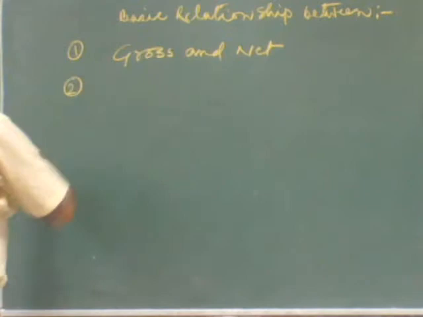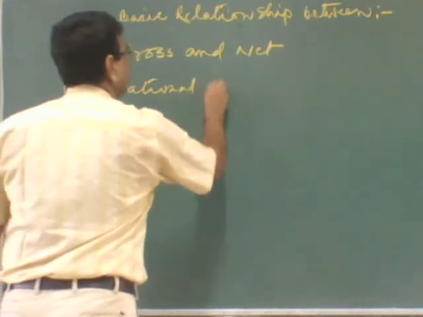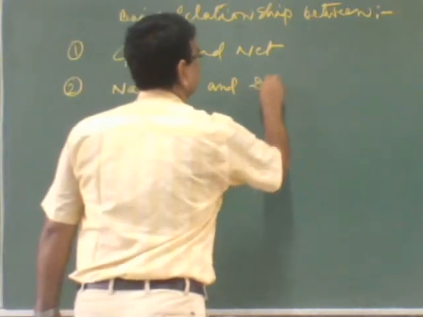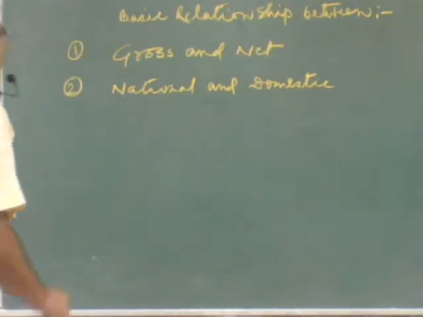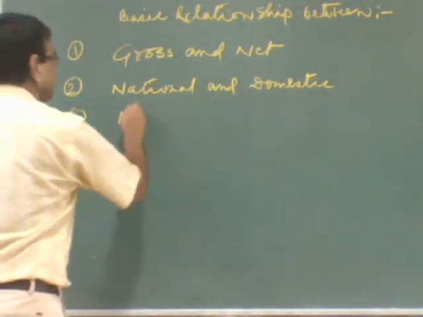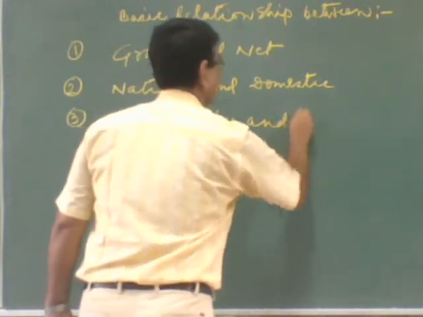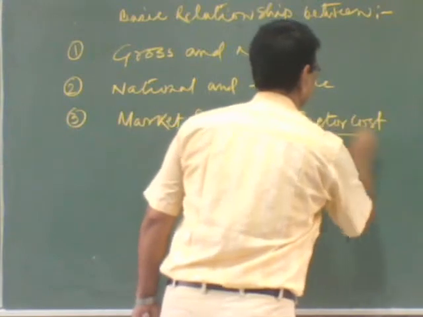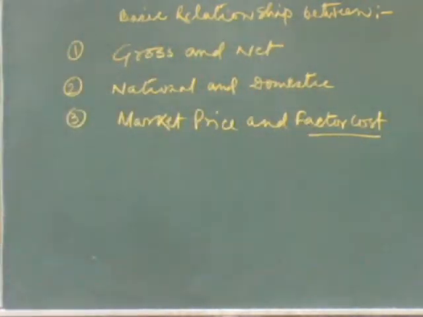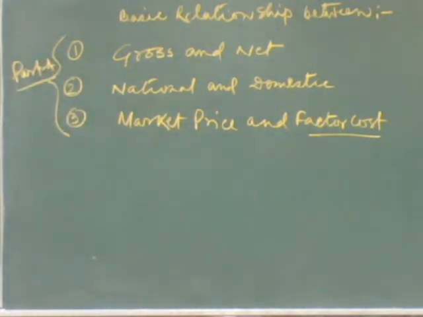Number two, national and domestic. And number three, market price and factor cost. This is part A relation.